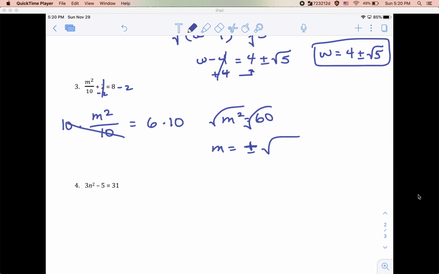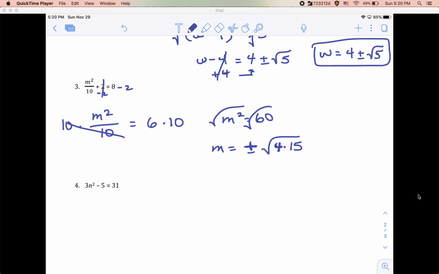let's see, 60. 10 and 6. Goodness, can 4 times 15? Let me see if that's right. 15 is 3 and 5, and 1 and 15, so it can't break down at all. So yeah, 4 times 15 is the same thing as 60.